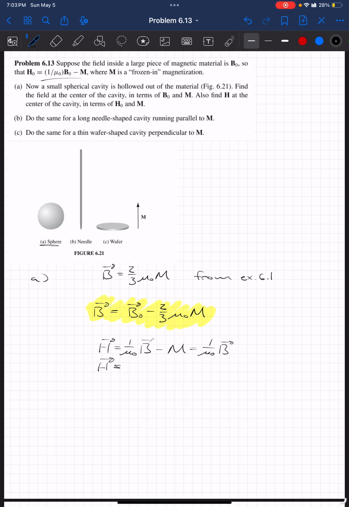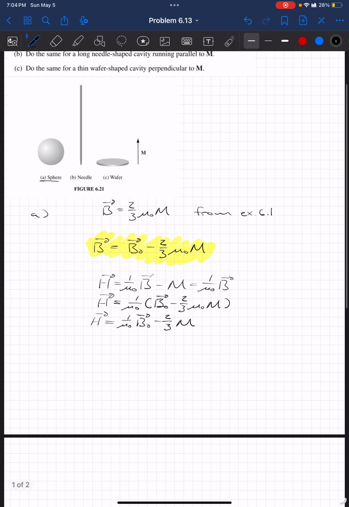So H is equal to 1 over mu naught times B naught minus 2/3 mu naught M. Multiply the 1 over mu naught into the parentheses, and we get that H is equal to 1 over mu naught B naught minus 2/3 M. However, we want to find H in terms of H naught and M, as noted here.